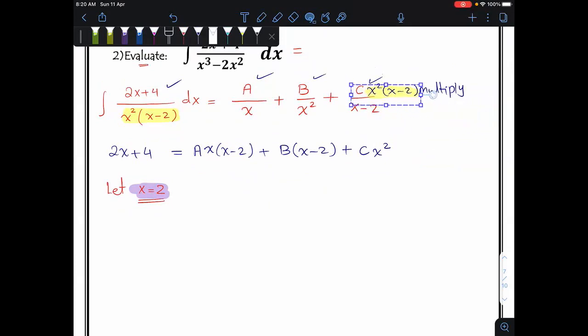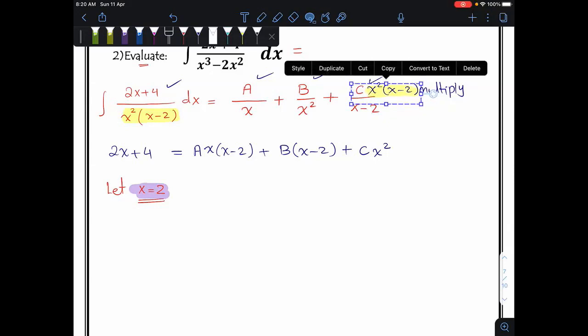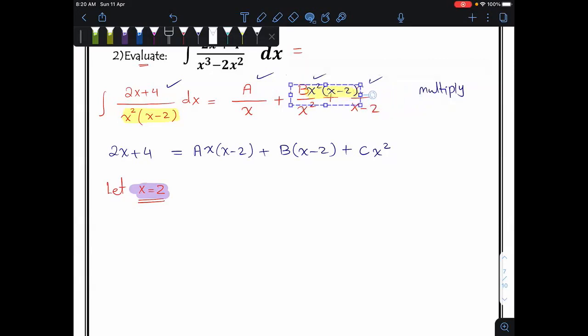When you put it here and multiply, what will happen? You will cancel out x minus 2, right? And leaves behind the x squared with c. Again, you should do it here also with b, the second fraction. You will cancel x squared with x squared and leaves behind x minus 2. When you put it here, you will cancel x with x only and leaves behind the a into x minus 2. When you put it also here, you will cancel it all and leaves only 2x plus 4.